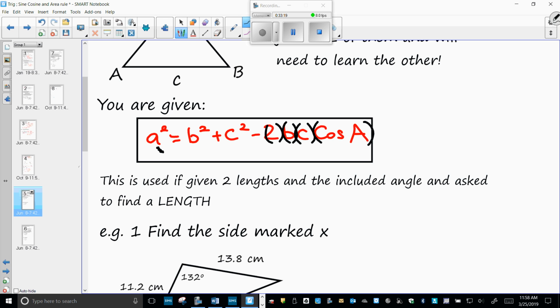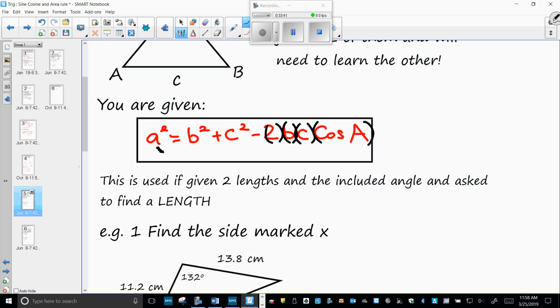Remember, they're not labeled on a diagram for you with a, b, and c. It's the opposite. The angle is opposite the length. If I'm trying to calculate this length, I need to know the angle that's opposite it. Does that make sense?